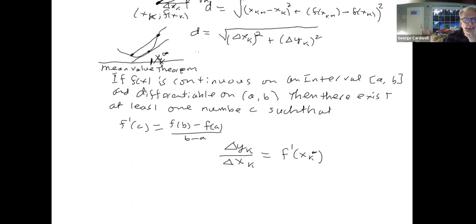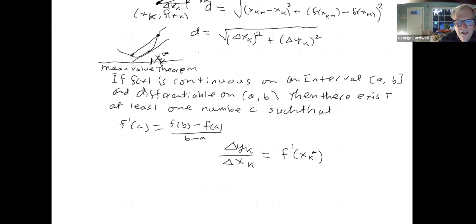So in other words, the derivative at xk star is the slope of the tangent line to the function at the point xk star. And that slope is the same as the slope of this distance that connects the 2 points. So what does that do for me?